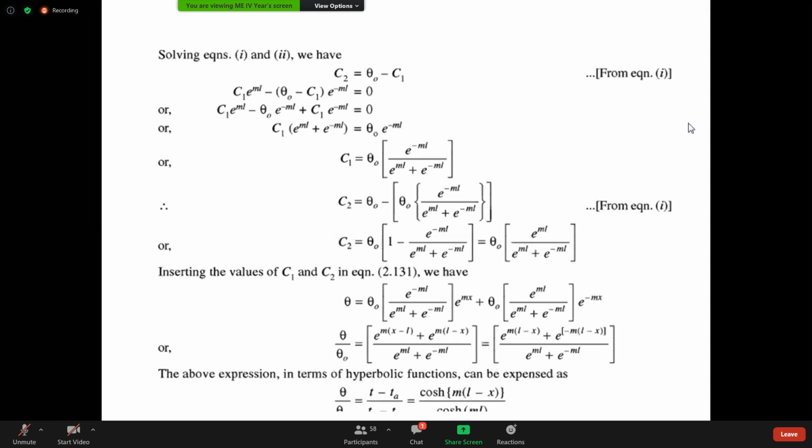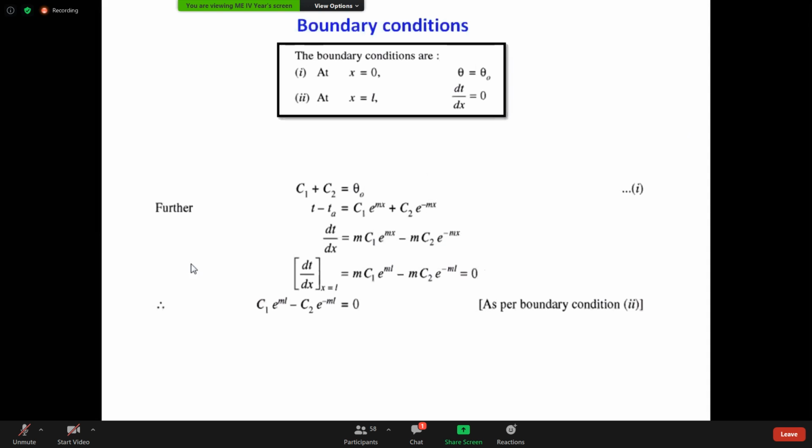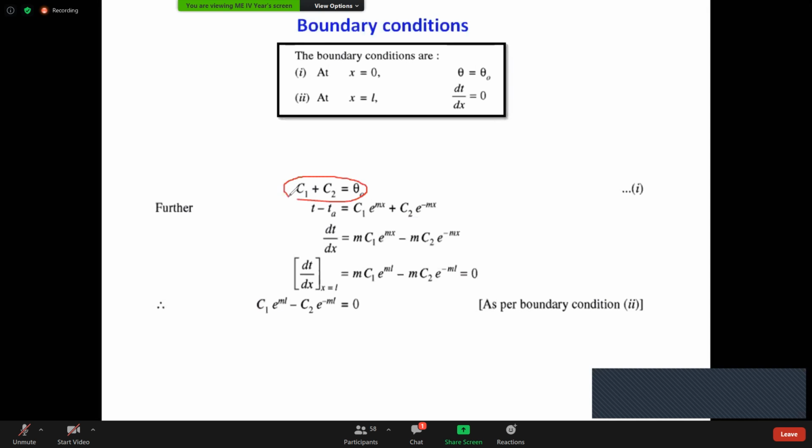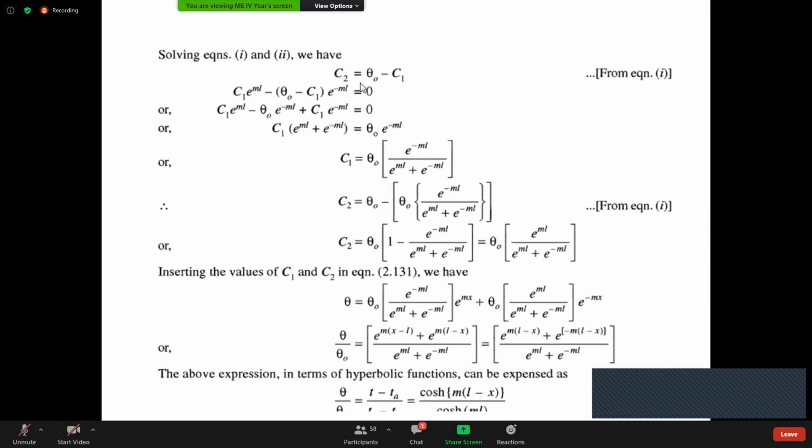See here. From equation 1, C2 is equal to theta naught minus C1.